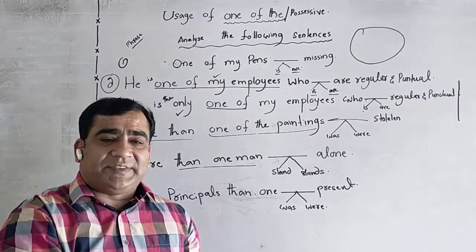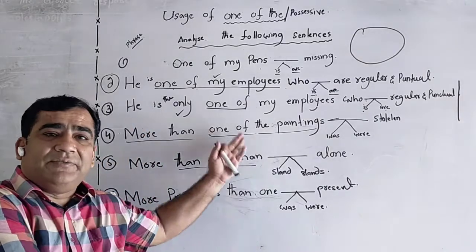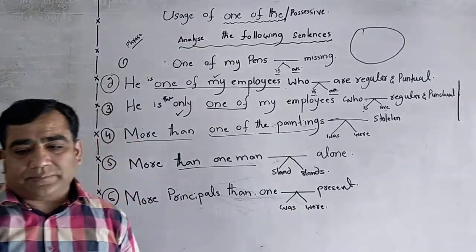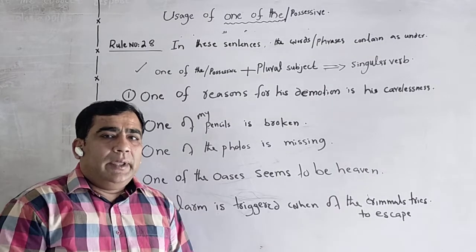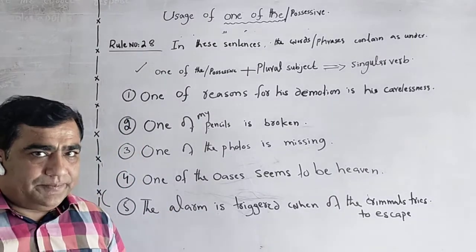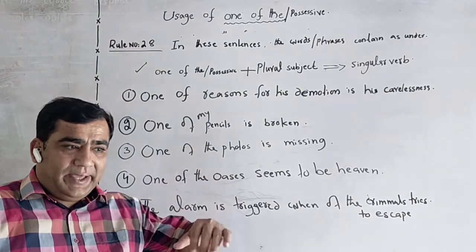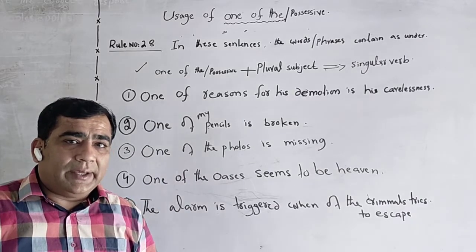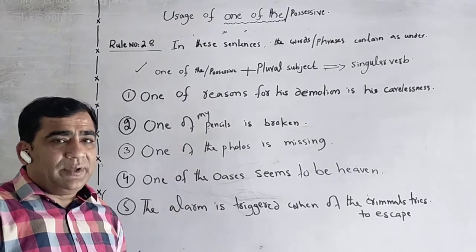So coming towards what the rule says about such 5 or 6 segments of my lecture. In continuation of the sentences, I have directed you to take a screenshot from the board.